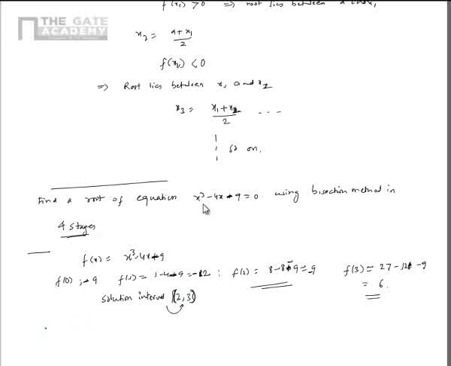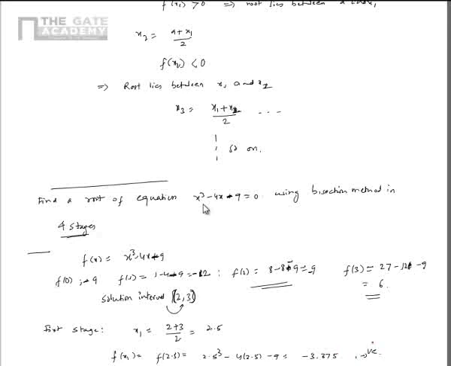So now first stage, we approximate x1 to be (2 + 3)/2, which is 5 by 2, 2.5. And now I check f of x1, which is f of 2.5. So this is 2.5 whole cube minus 4 into 2.5 plus 9. You can use a calculator here; this comes out to be negative.